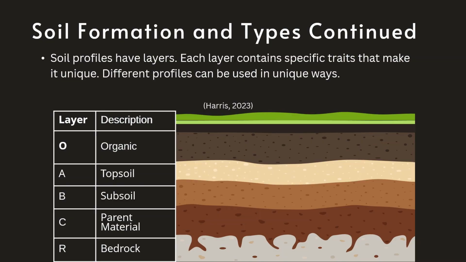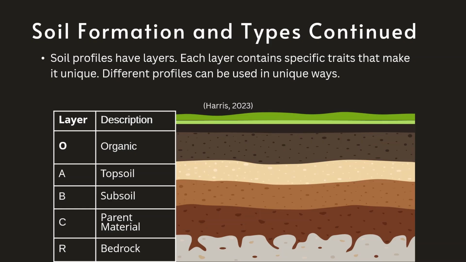If we were to slice the ground open like a layer of cake, you'd see a profile. You'd have an organic rich surface, a darker topsoil, subsoil where we have clay and minerals that accumulate, and deeper layers that start to work towards our foundation or our bedrock layer.